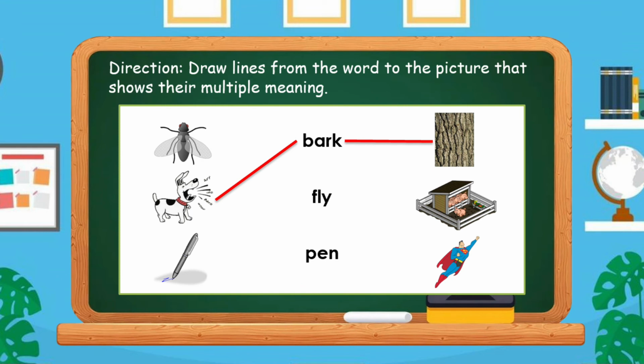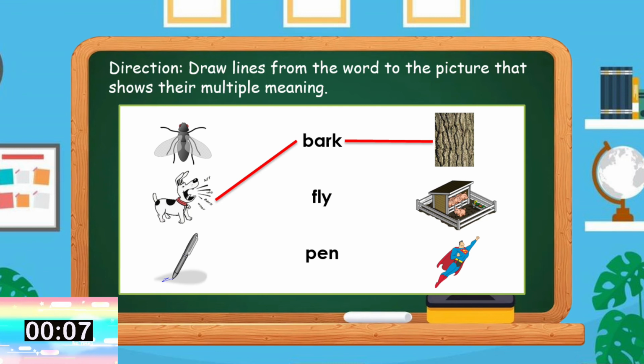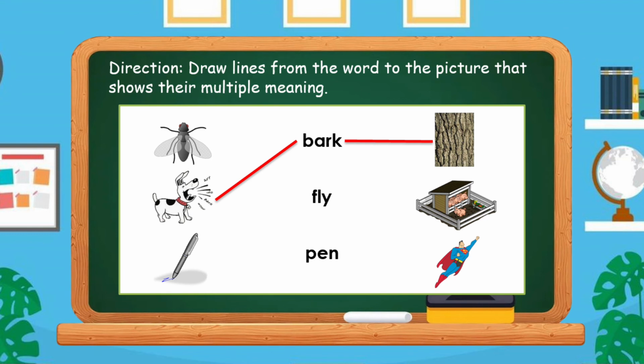How about the word fly? The word fly matches the first picture on the left side showing a flying fly and the third picture on the right side showing a flying superhero character. Did you get it right? Very good. Let's move on to the third word, pen.